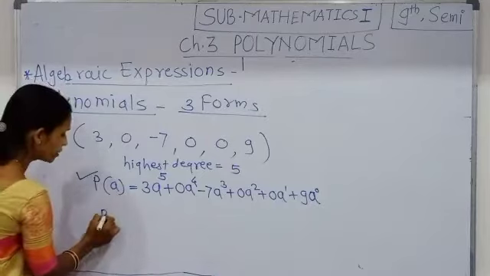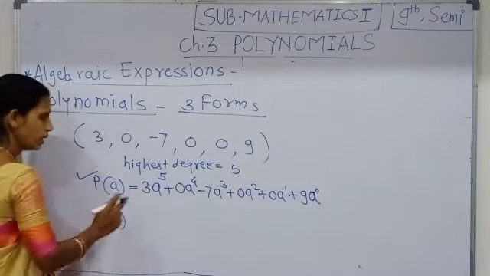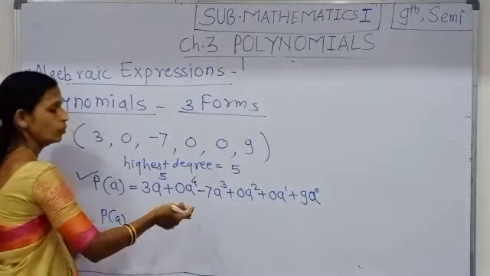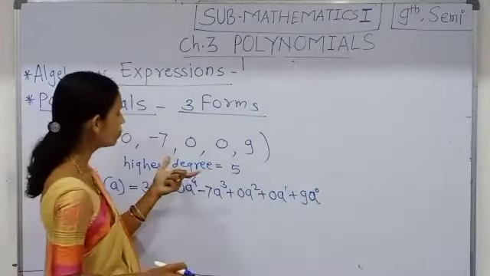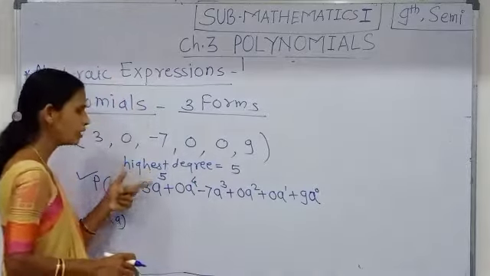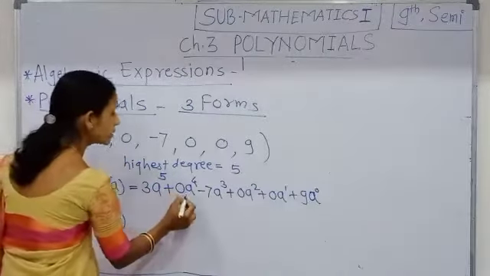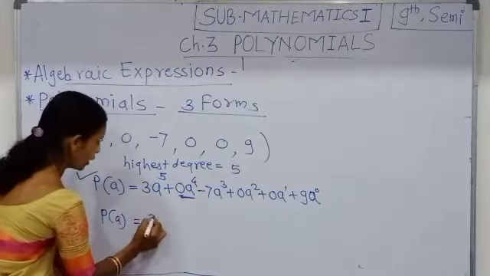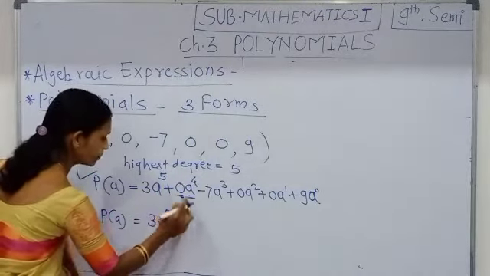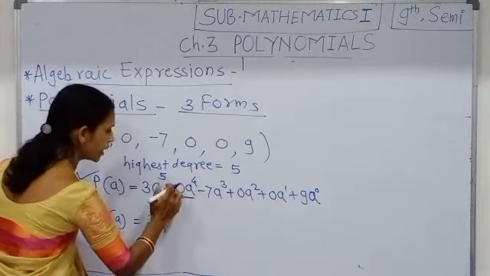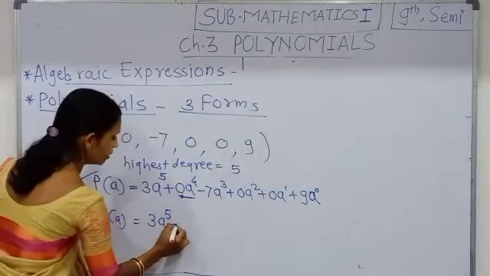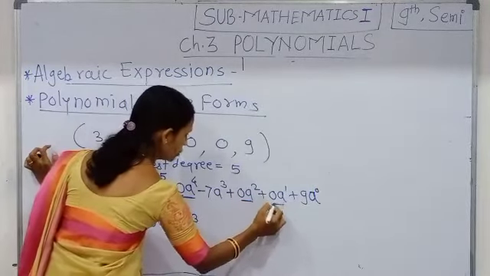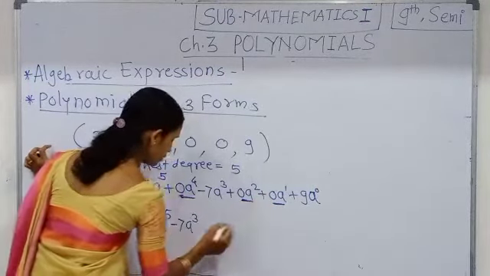Then we can write the same polynomial in standard form. We write it avoiding the terms whose coefficient is 0. Therefore, we write 3a raised to 5, we should not write the zero term, then minus 7a cubed, and we avoid the two zero terms again.